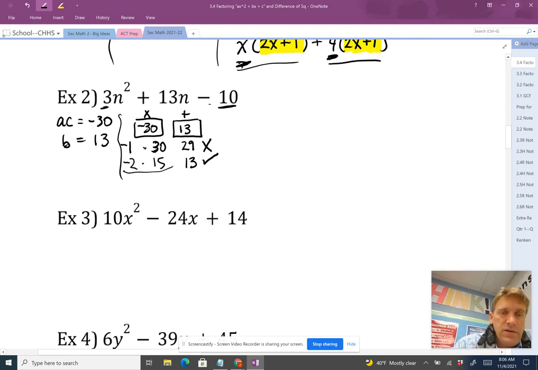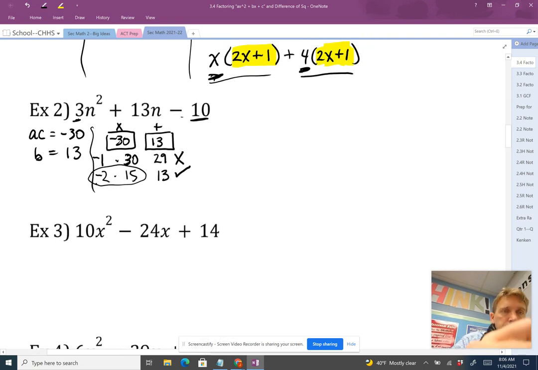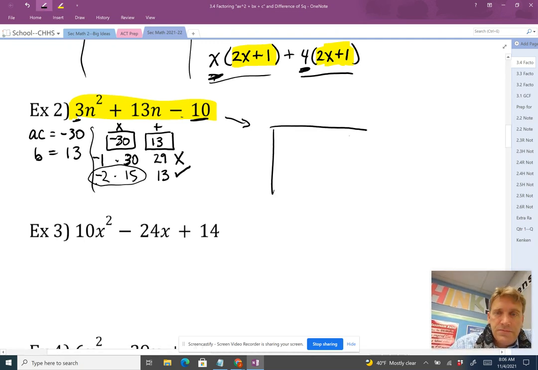Okay, so we're then going to take our original trinomial here, and we're going to rewrite it in the box. We're going to take the first term, 3n squared, and put it in the first box.